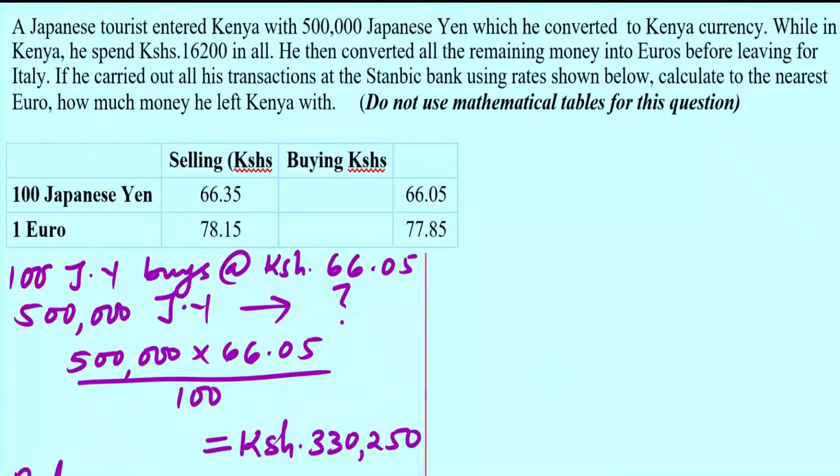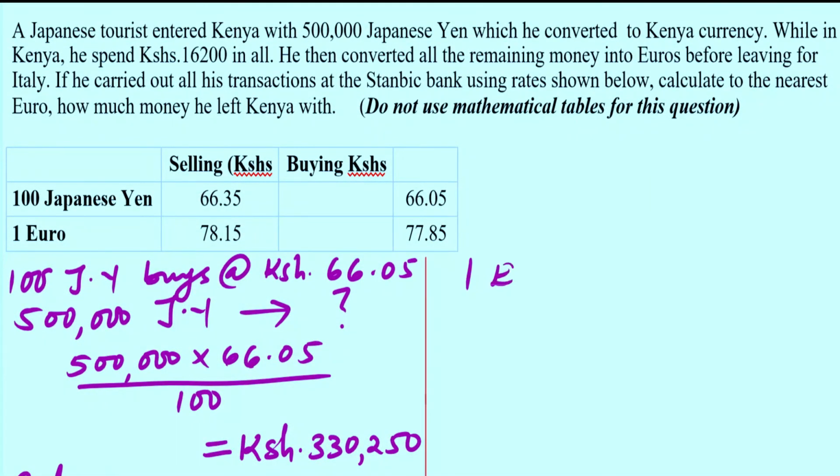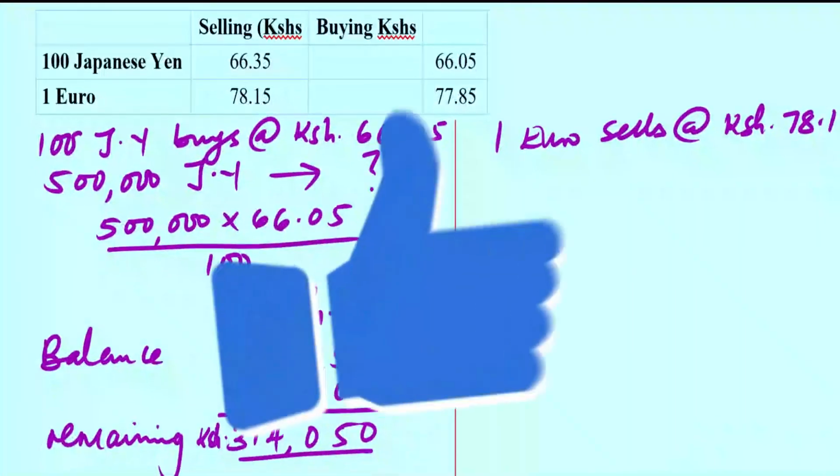So 1 euro sells at Kenyan shillings 78.15.